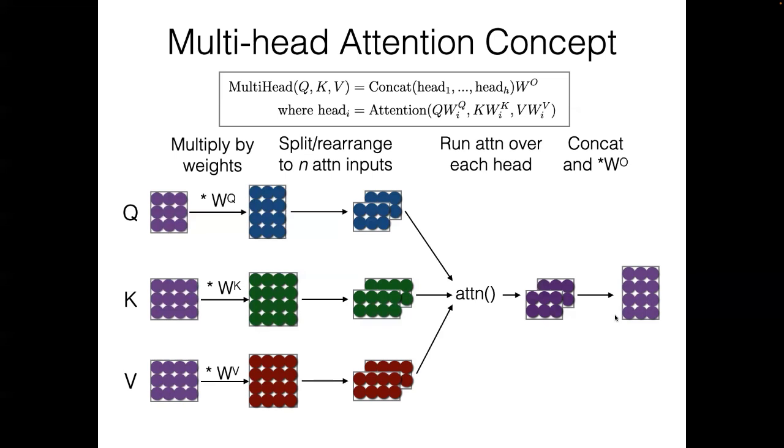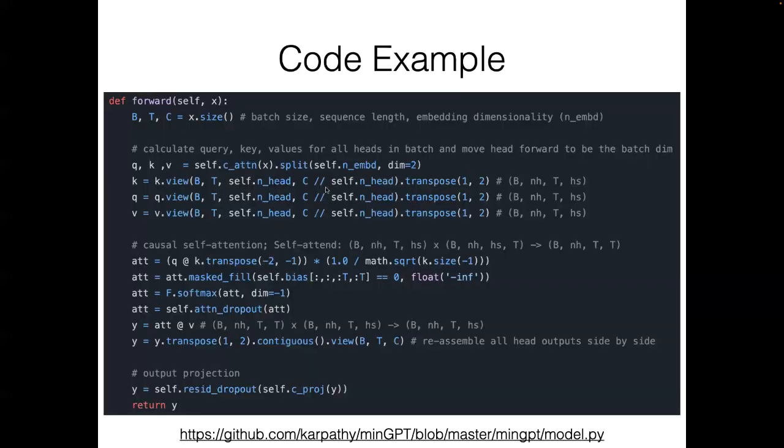So if you're concerned about the exact dimensions on this plot or something, I put an example excerpt of code here. And so this is a nice implementation of the GPT model, which is based on transformers. And it's by Andrei Karpathy. Again, I've referenced some of his stuff in other parts of the course.